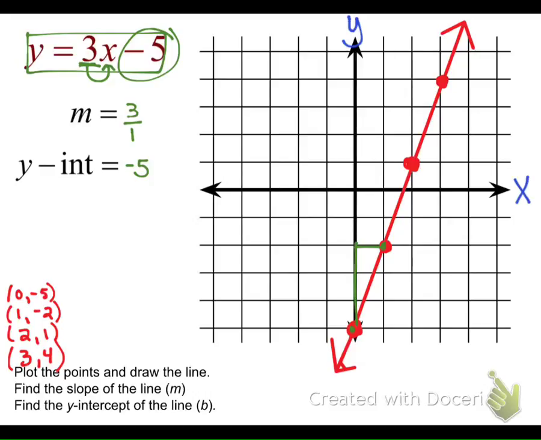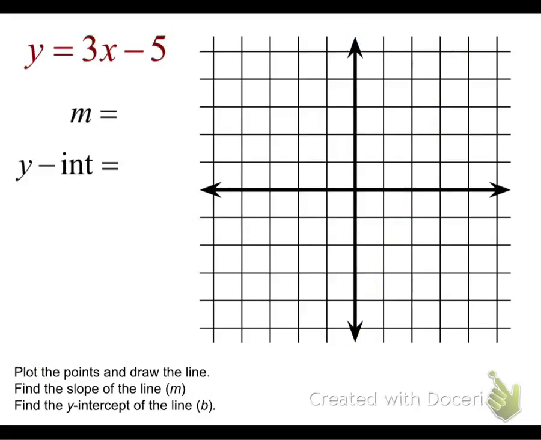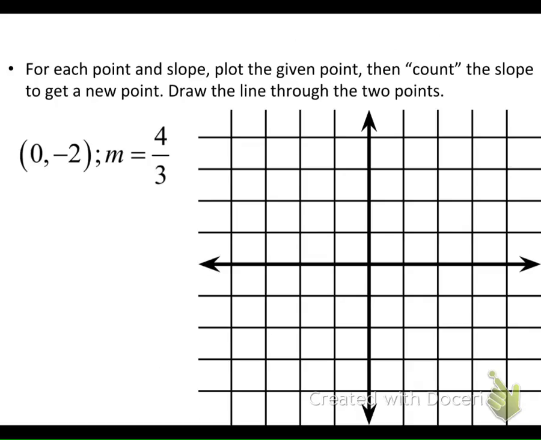All right, let's go ahead and flip our openers over to the back. So the back here, they gave me an ordered pair and they gave me a slope. So the first thing I have to do is graph my ordered pair.